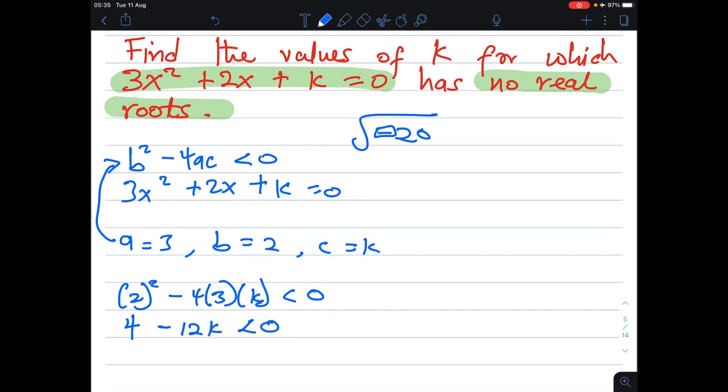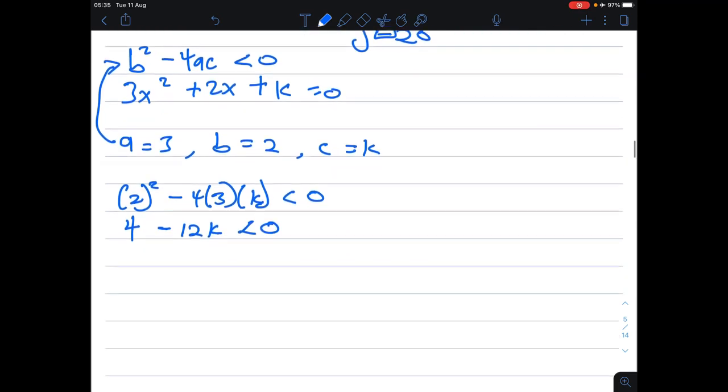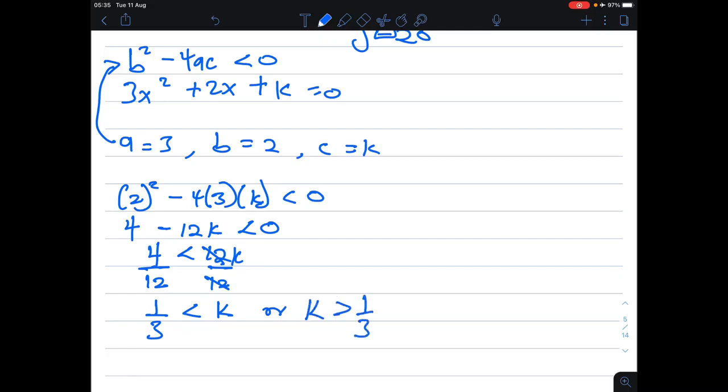Okay, then the next thing that you can do is to move the 12k to the other side, and that would be you adding 12k to both sides. Okay, so that will be 4 less than 12k. Then you can divide through by 12. That would mean that 1/3 is less than k, or you can just say that k is greater than 1/3. So that is your answer.